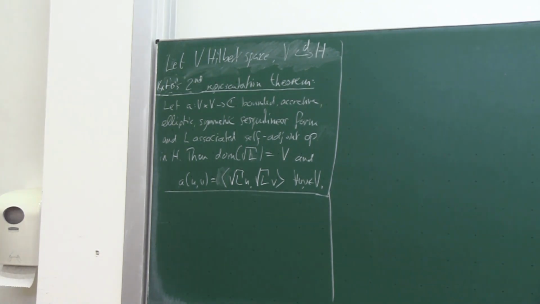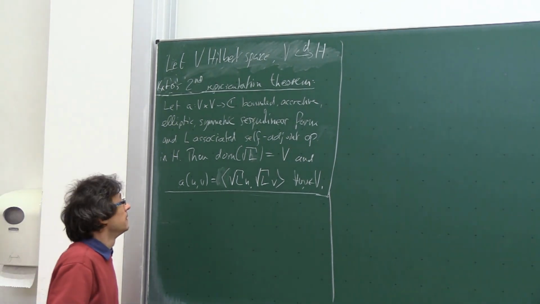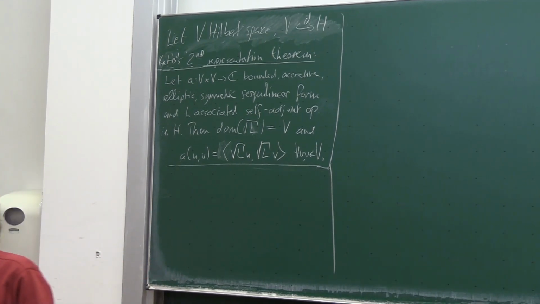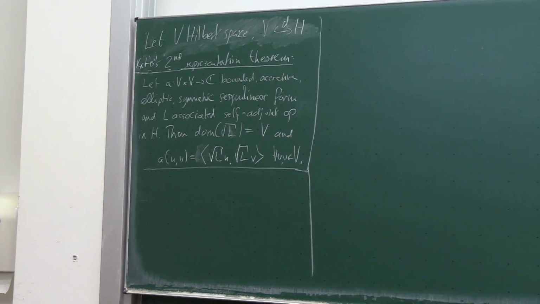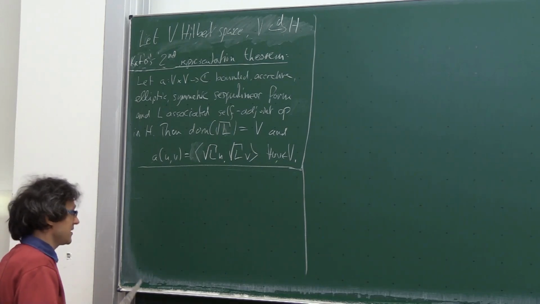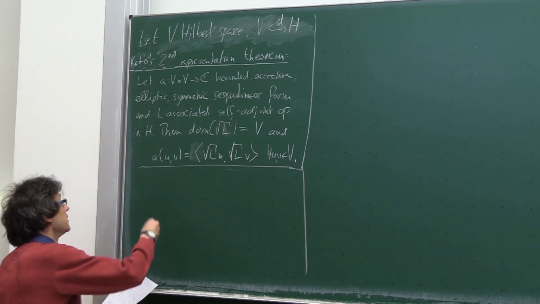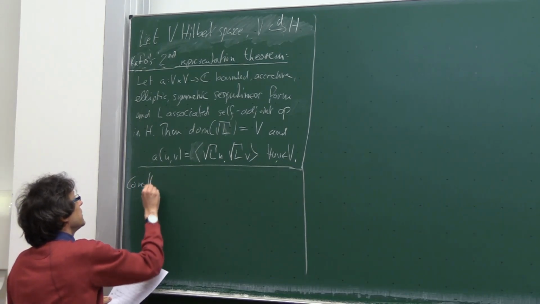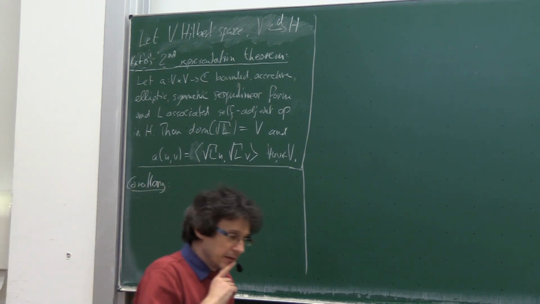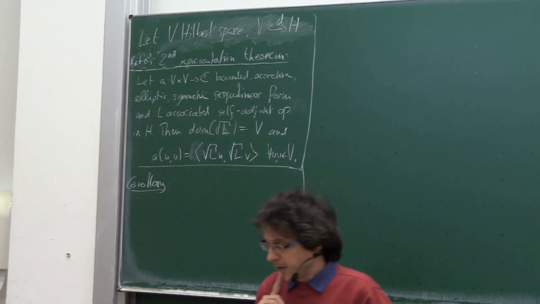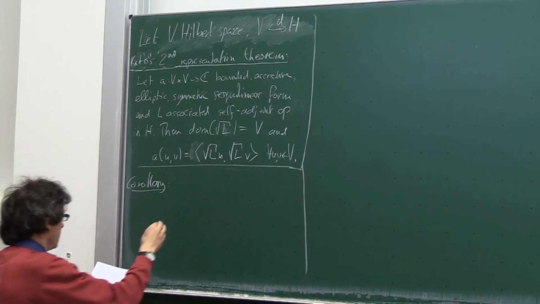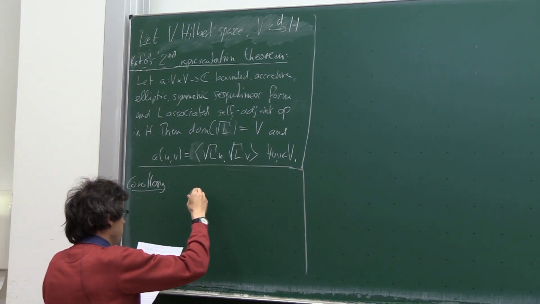And this thing is really remarkable. We can shed a little bit of light on this when we look at the special case where L is an elliptic differential operator, so a divergence form operator as we had them in lecture 3.